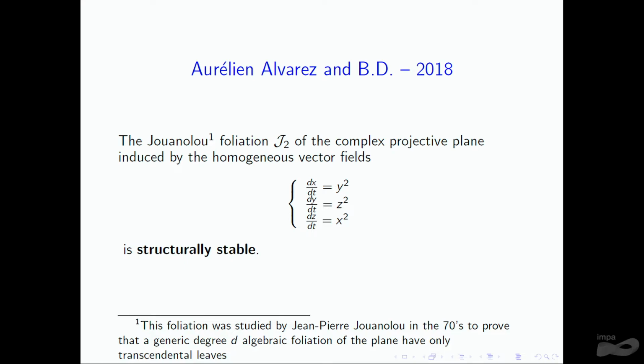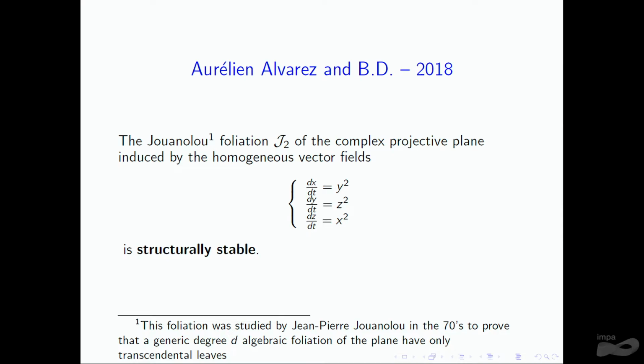As you observe, it is a homogeneous equation of degree 2. So the foliation induced on C3 is invariant by multiplication by scalars, and so you can quotient that foliation to a foliation defined on the projective plane. It was introduced by Jouanolou in the 70s to prove that this foliation has all its leaves being transcendental curves in the projective plane.